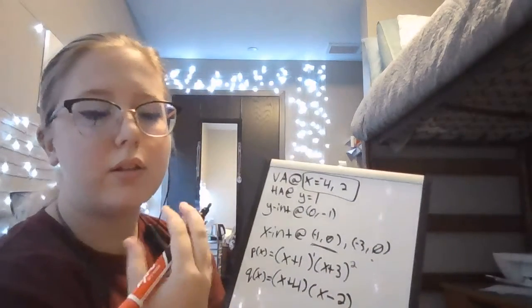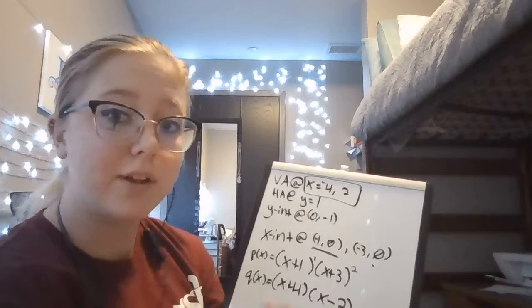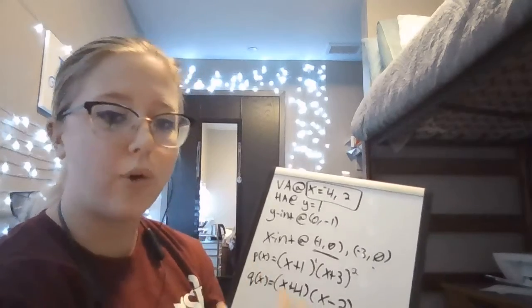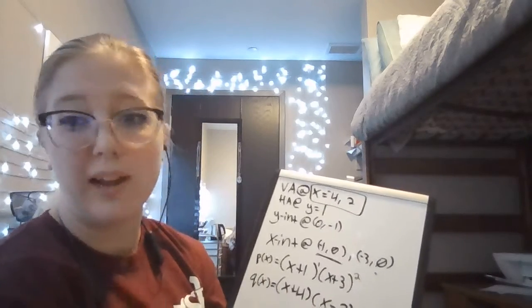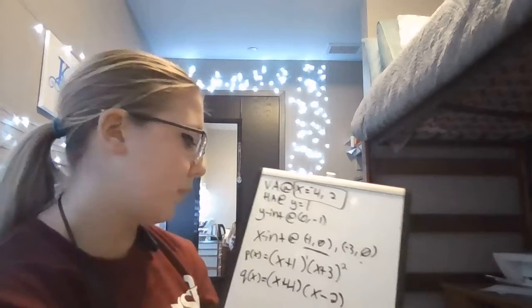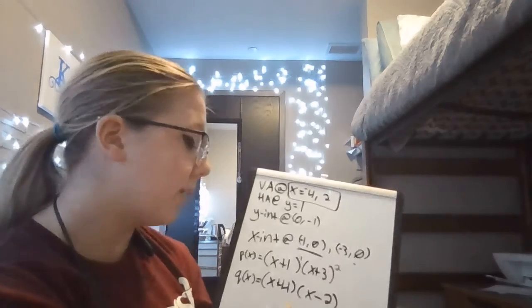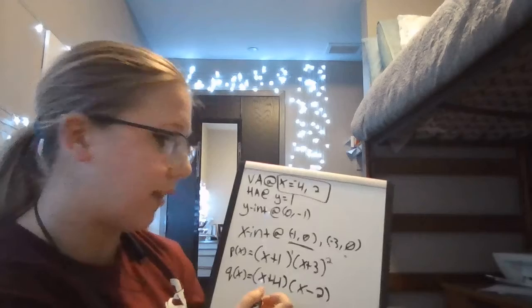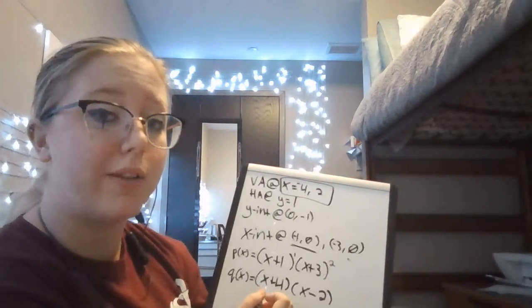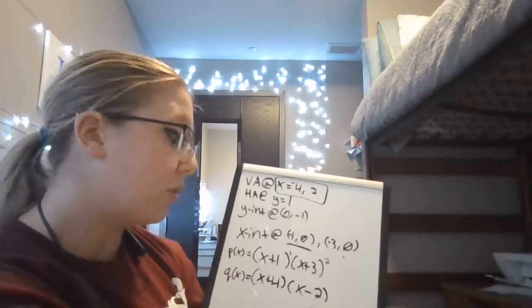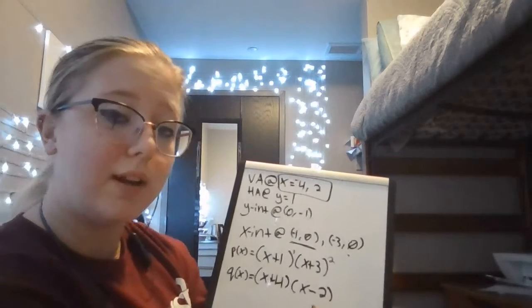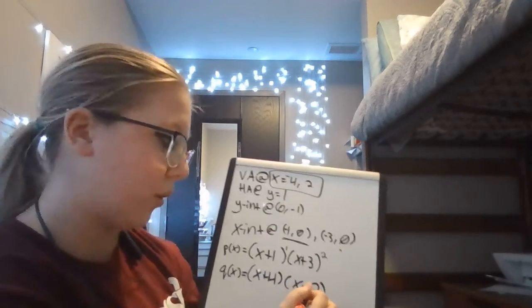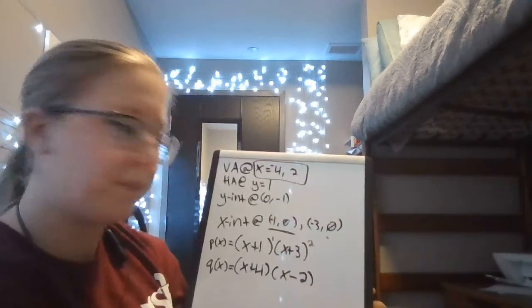Now, you have to look at the graph to know this, or you could plug in values if you don't have a graph. It goes to positive infinity to the left of this asymptote and negative infinity on the right. And both of these are negative infinity on both sides for this asymptote, this one.